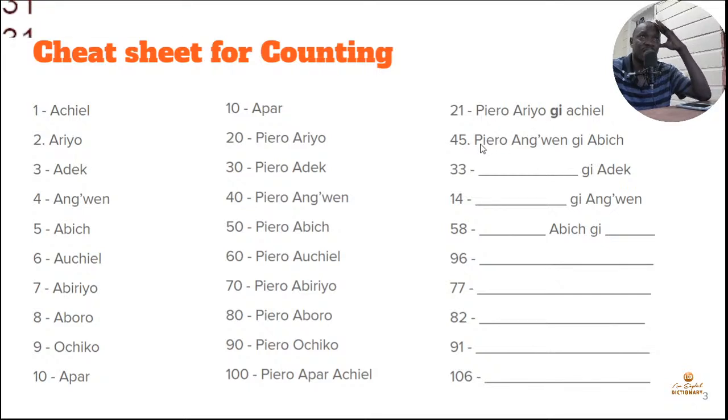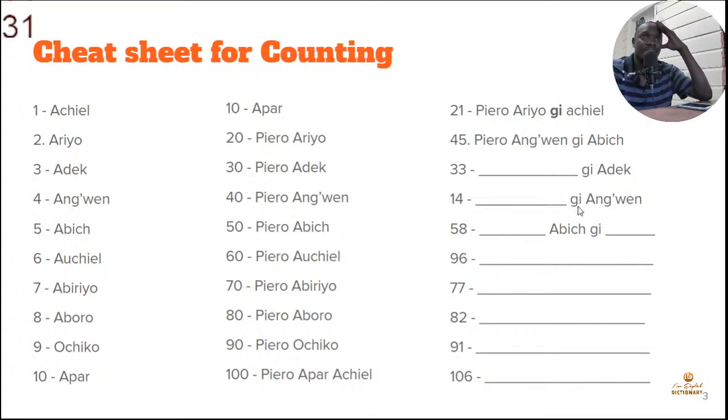So let's look at 45. 40 and 5. So 40 will be piero, ang'wen, and then 5 will be abich. So to put them together, you'll just say piero, ang'wen, gi abich. Okay?